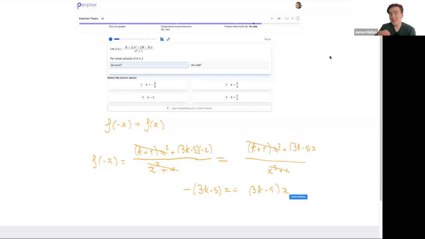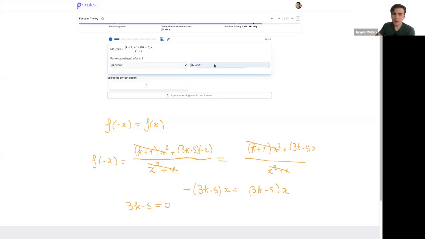And that tells me that this has to be true, by the way, for all x, not just for one specific x. So it can't just be x is 0. That means that 3k minus 5 has to be equal to 0 because the number is only equal to its negative if that number is 0. So 3k minus 5 is 0. That means that k is equal to 5 over 3.